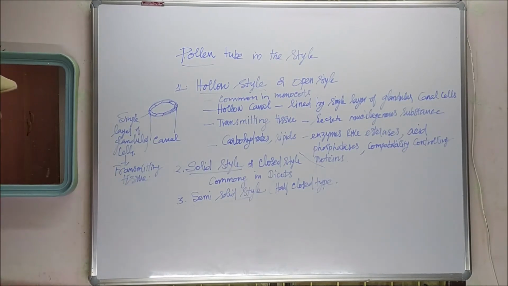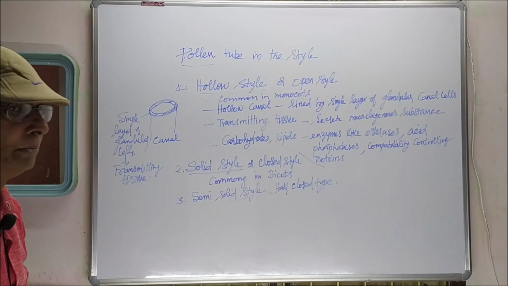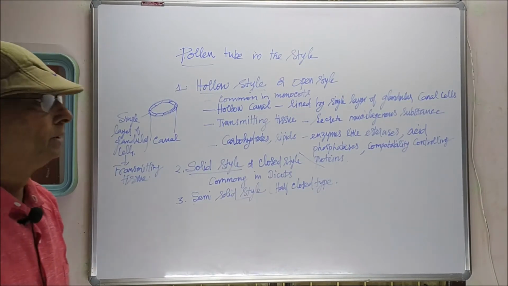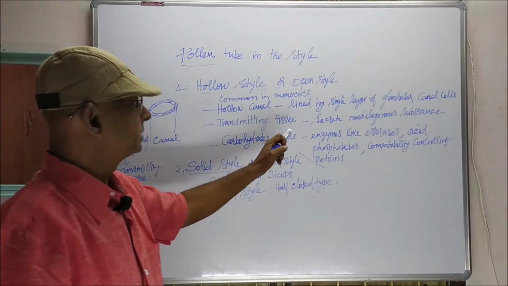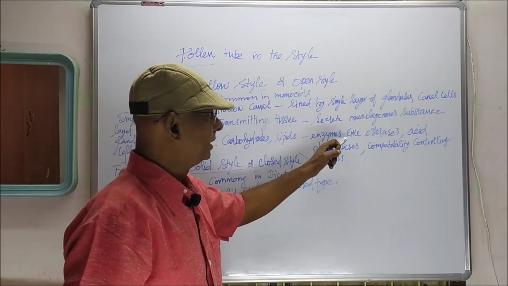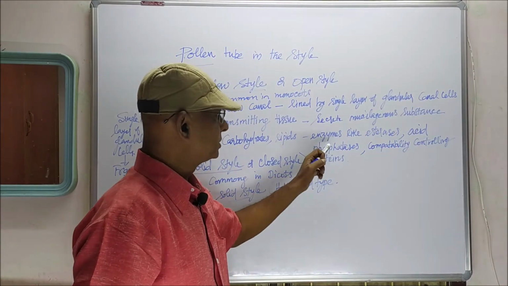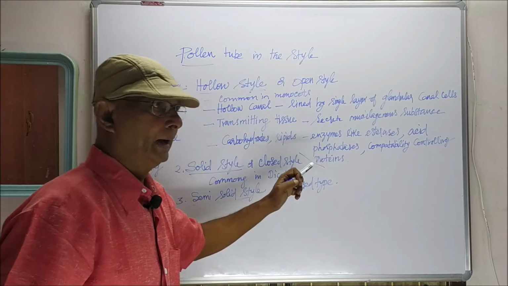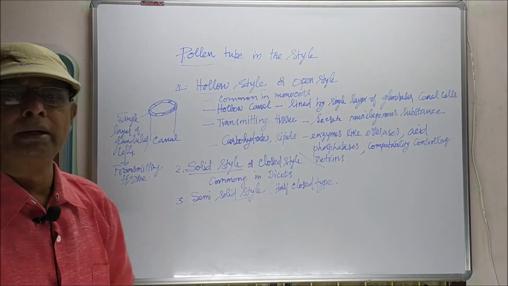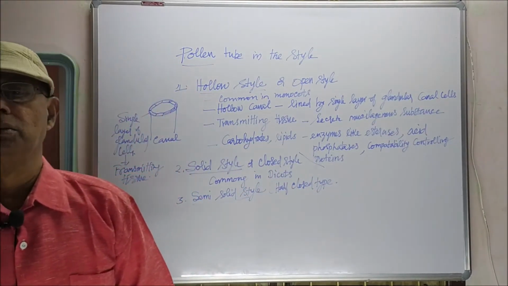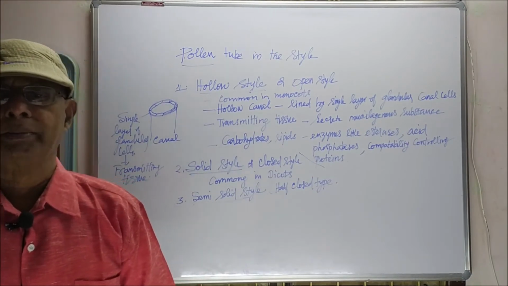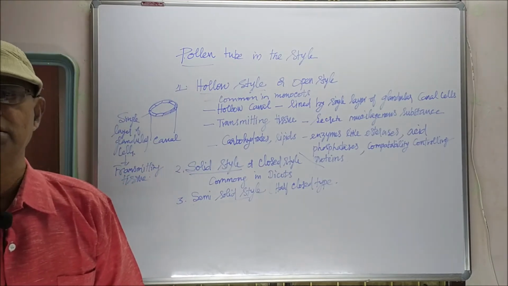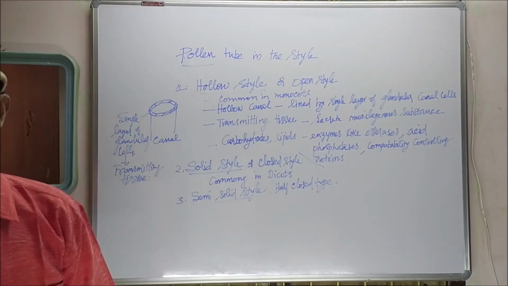The transmitting tissue secretes a mucilaginous substance. The mucilaginous substance contains carbohydrates, lipids, enzymes like esterases, acid phosphatases, and compatibility controlling protein. In the secretion of the transmitting tissue, the pollen tube grows on the surface of the cells lining the style or canal.